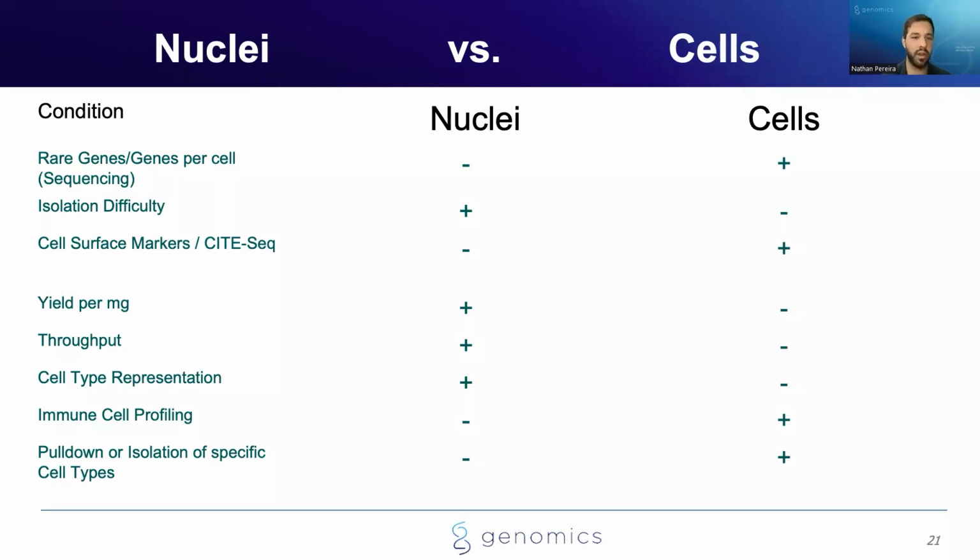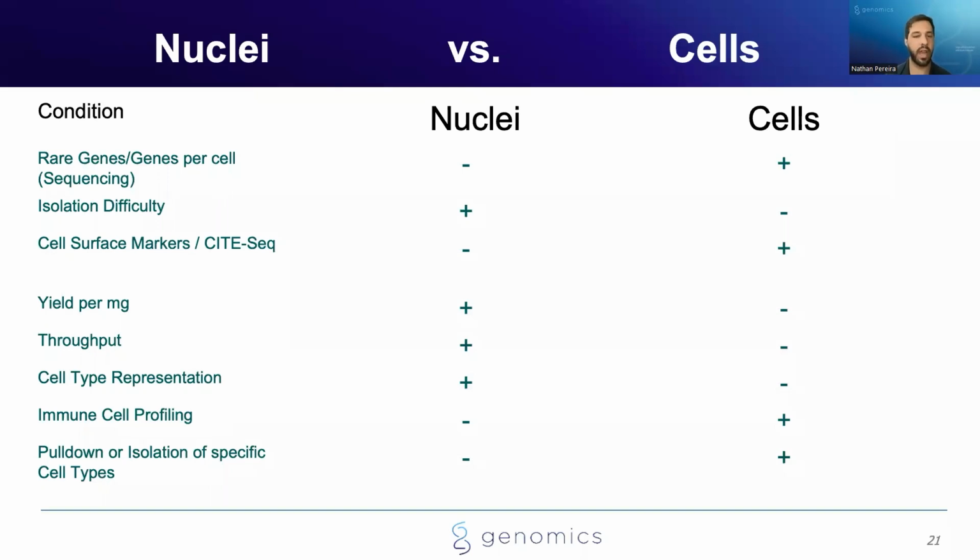You also see better cell type representation from nuclei, mostly due to lots of cells being difficult to isolate and dying throughout the cell isolation process. For immune cell profiling, again, cells, or if your application is not really sequencing based, and you're doing pull down or isolation of specific cell types, then yes, obviously cell isolations are going to be more important.